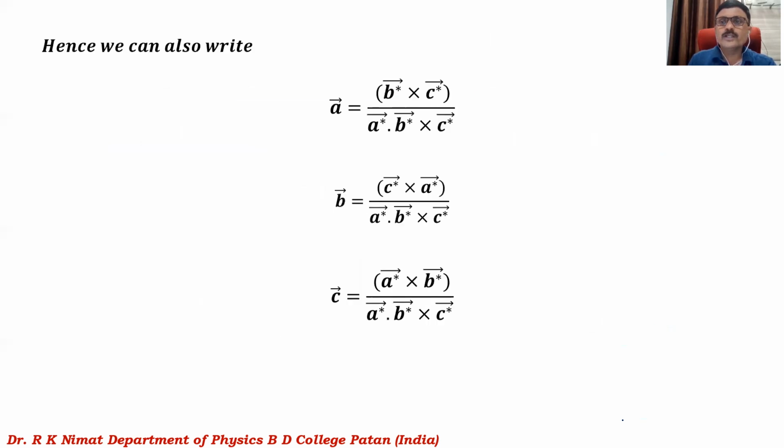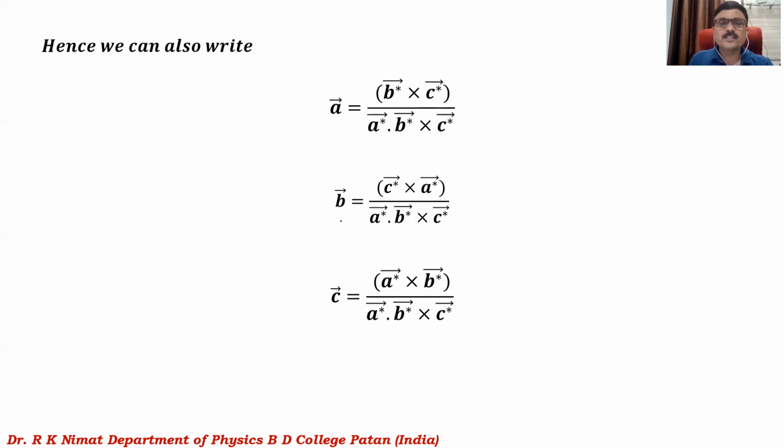Now we can also write the inverse relation as A is equal to vector B star cross vector C star, because we have seen that the reciprocal of reciprocal lattice is direct lattice, meaning this is nothing but A. So we can write this as A is equal to vector B star cross vector C star by vector A star dot vector B star cross C star.